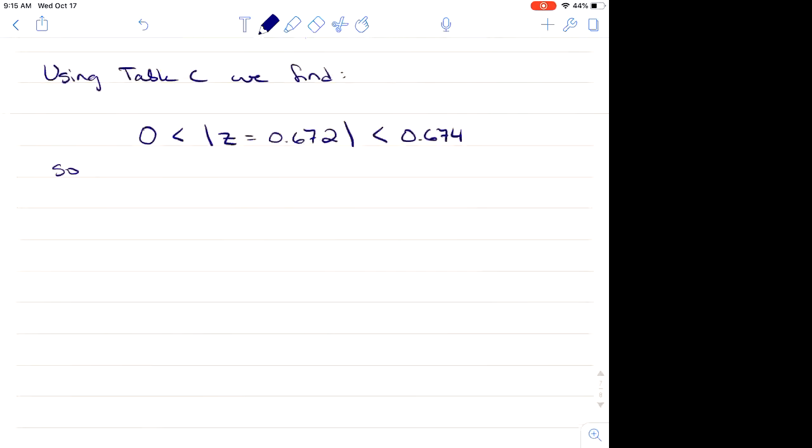So now we go on to find our one-sided P. Our one-sided P gives us the area in the tail. So the one-sided P is between 2 values.